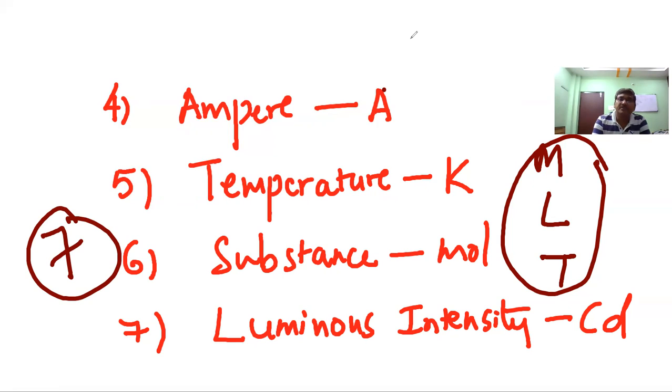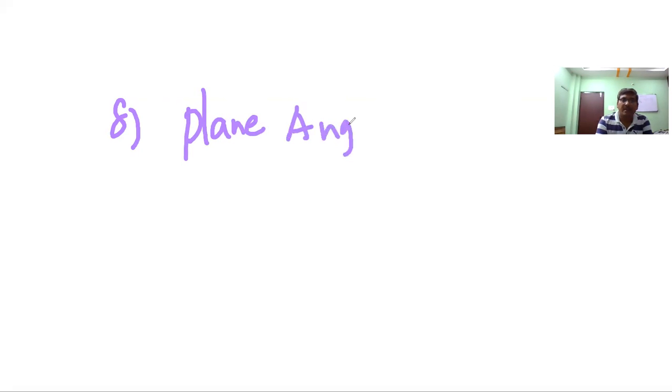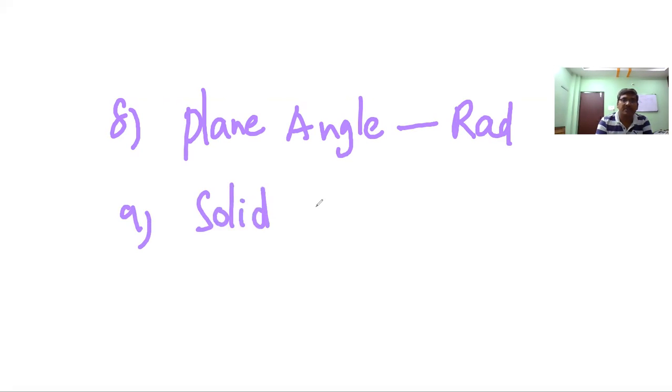Apart from these, there are two other supplementary quantities also present. Those are additional. Plane angle is measured in terms of radians. Similarly, solid angle is measured in terms of steradian.